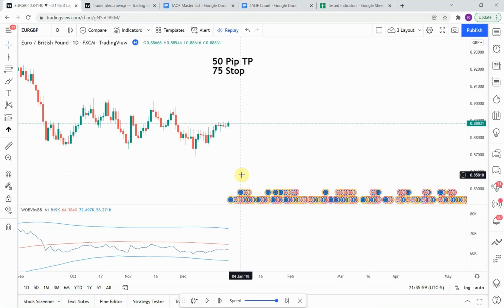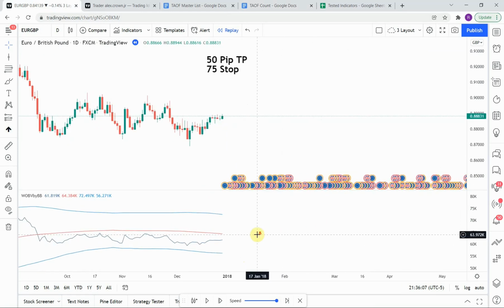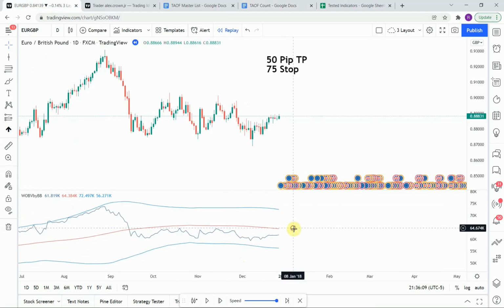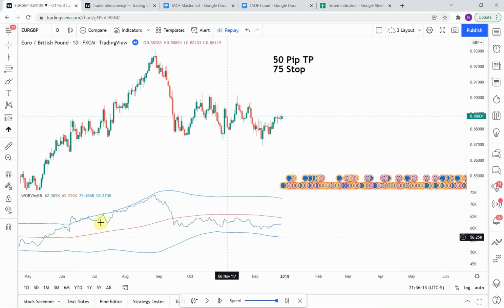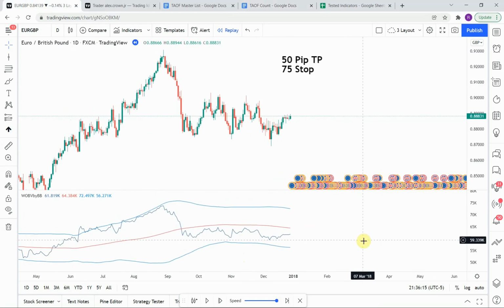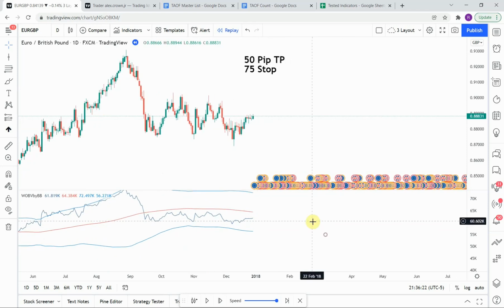Alright, so today's indicator is the weighted OBV indicator, and you can see it here on the bottom of the screen. The setup on this is we have basically a band or a zone, kind of like Bollinger Bands in a way. And then we have this oscillating line here. We have the red line running right down the middle.